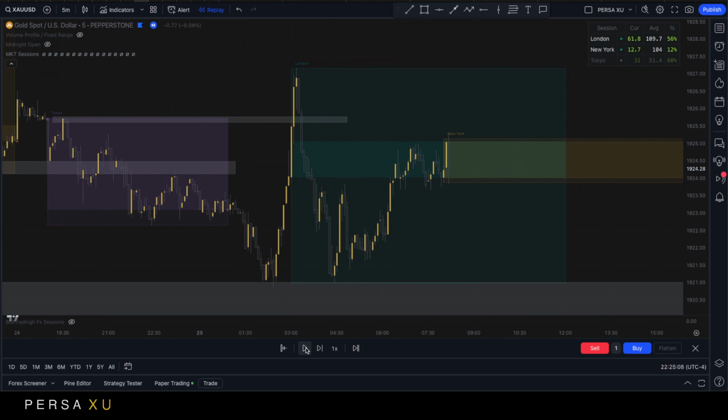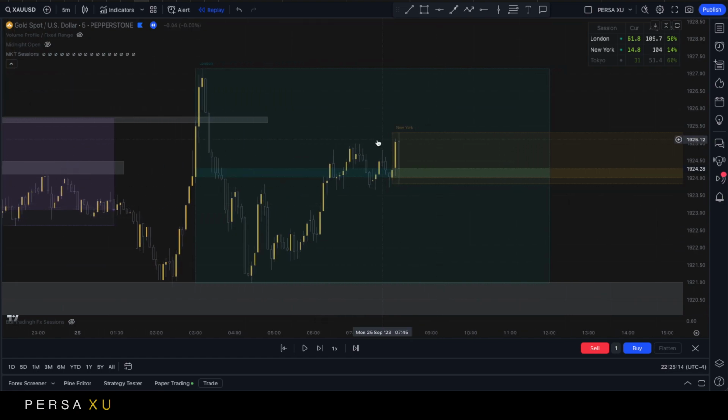Okay. New York open. New York open right in this candle. And that's a big clue to where it wants to go short term. But just check this out.